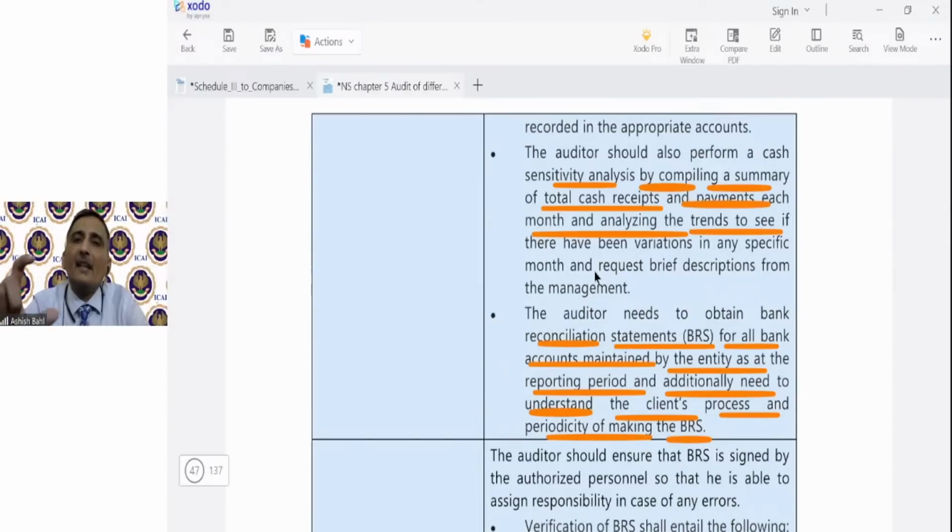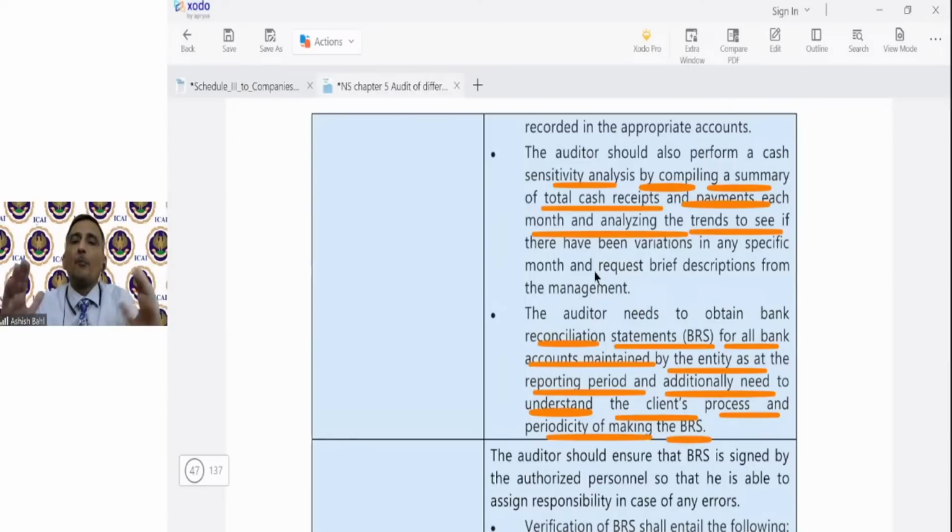It is a part of the overall control process devised by the company to ensure that financial reporting is reliable.